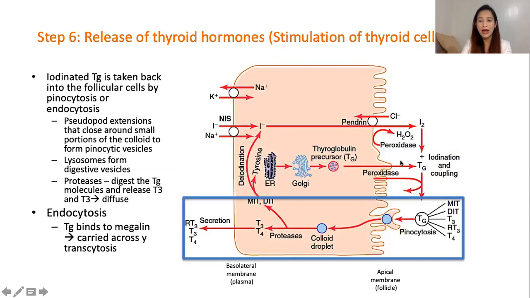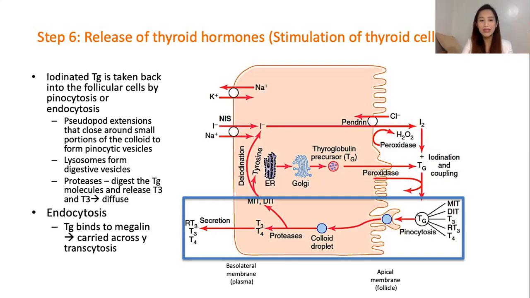So the iodinated thyroglobulin is taken back into the follicular cells through pinocytosis. The apical membrane of the follicular cells will form pseudopods in order to engulf some of the thyroglobulin to enter the thyroid follicular cells.